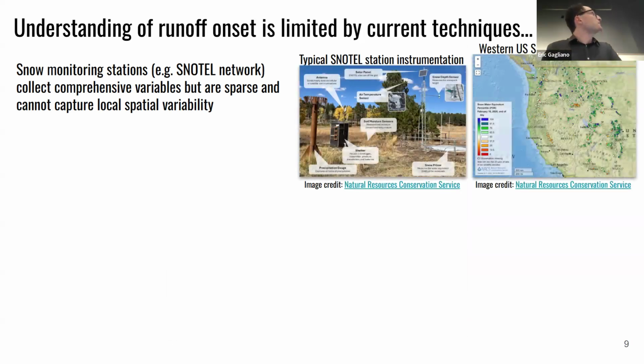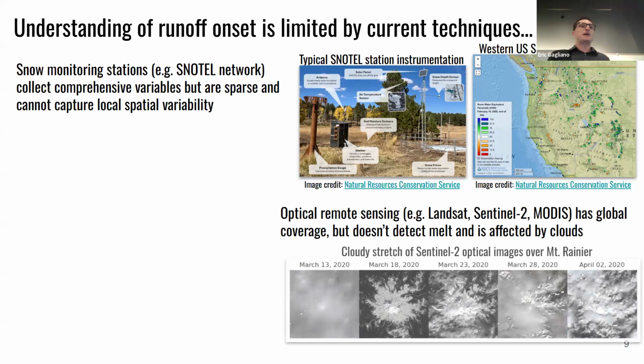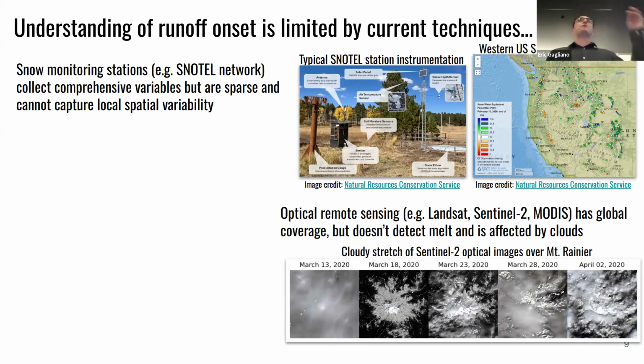And the current techniques that we use to measure snowmelt are quite limited. Right now, we use a lot of snow monitoring stations, but these are just point scale automatic weather stations in the mountains. And so you're really only measuring snowpack at one specific point. And there's other methods like remote sensing methods, what I work with.